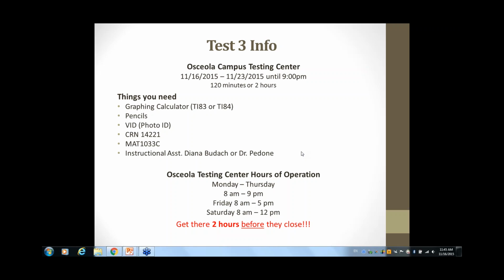But if they run out of calculators, which hardly ever happens, then there's this 3rd location in Building 1, Room 143. Very good question.